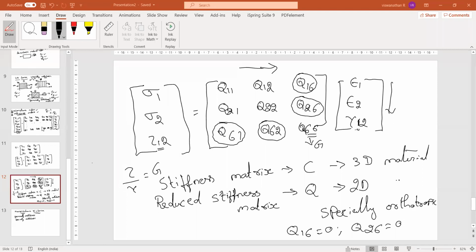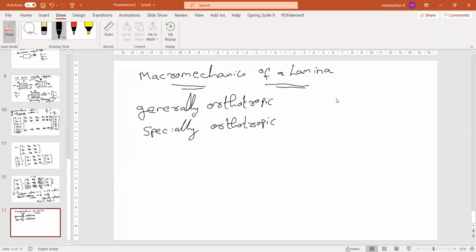See, we discussed stress strain relations, right? Stress divided by strain is equal to the elastic modulus. So strain is equal to stress divided by elastic modulus, 1 divided by E into stress. Is it correct?